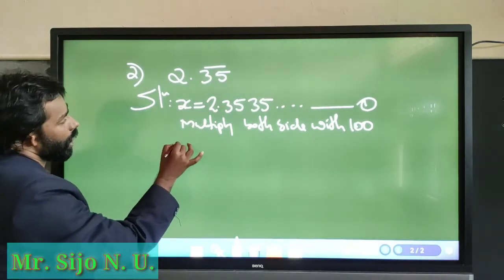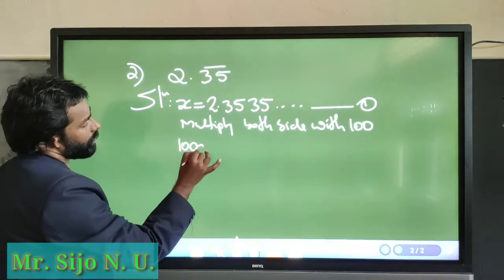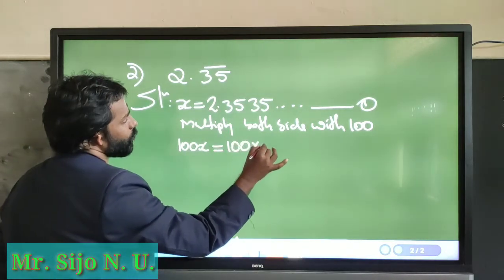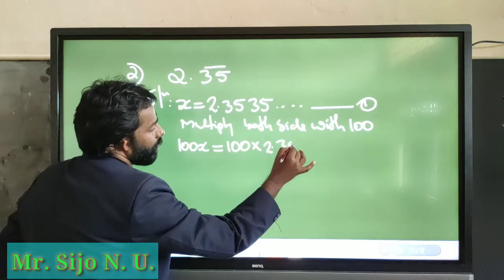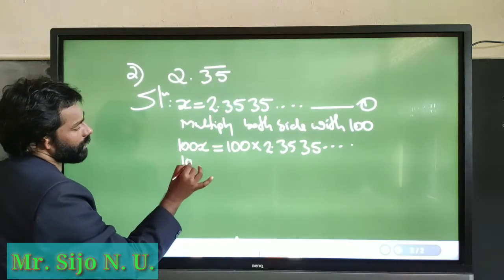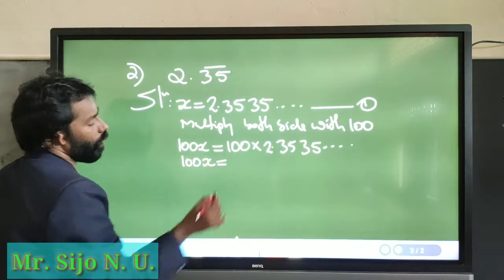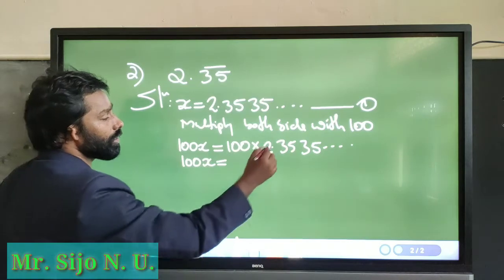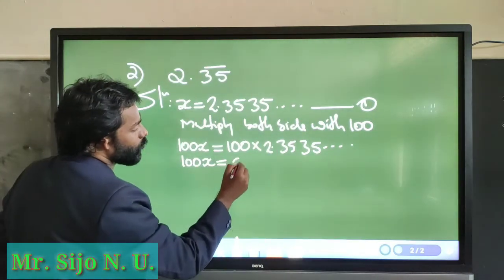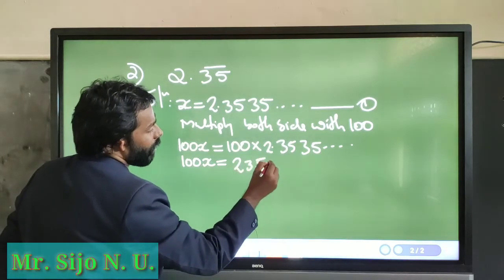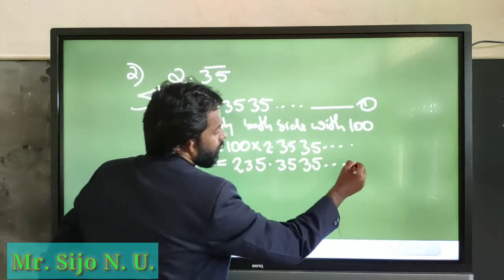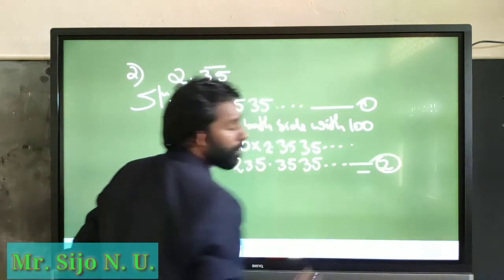Now we'll get 100x on the LHS, and on the RHS 100 into 2.35 etc. When we are multiplying this number with 100, the decimal point will move 2 places ahead. So the answer is 235.3535 etc. This we can give as equation number 2.